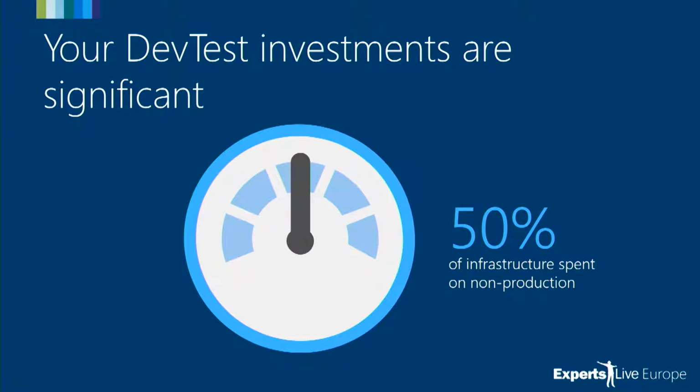Maybe 30%? Maybe 50% is a little high, but maybe 20, 30, up to 40% can be infrastructure that is not productively used, but it is used by dev and test workloads. So that's a pretty big number, I think.